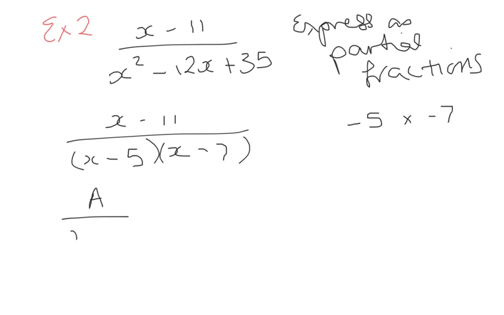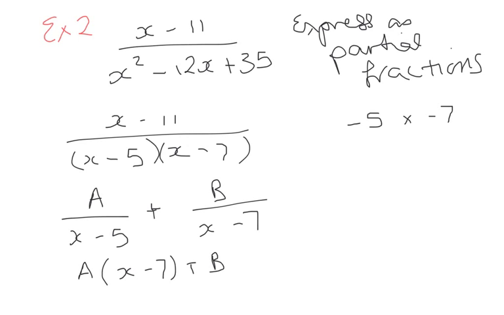Set up your partial fraction. A over (x − 5) plus b over (x − 7). So a multiplied by (x − 7) plus b multiplied by (x − 5) equals the numerator, x − 11. Just copy that here.